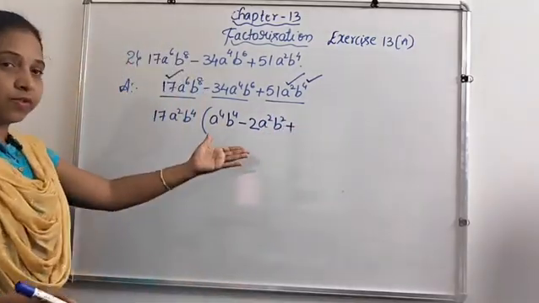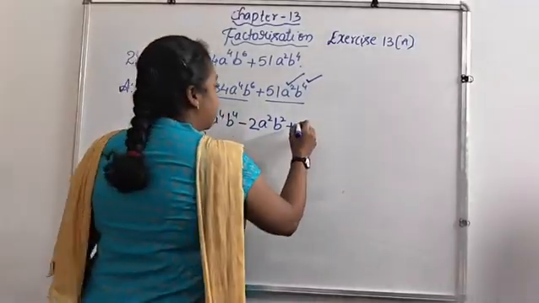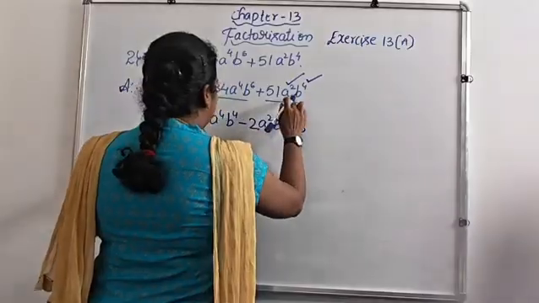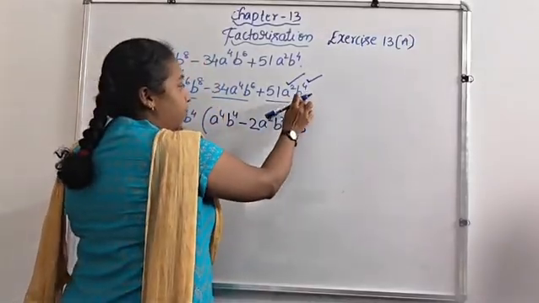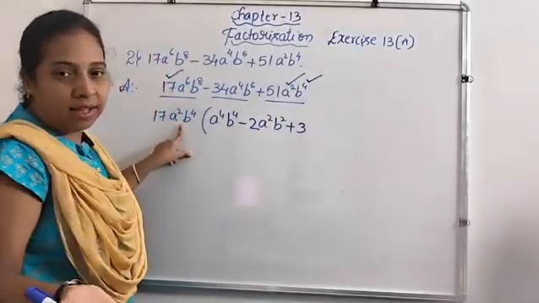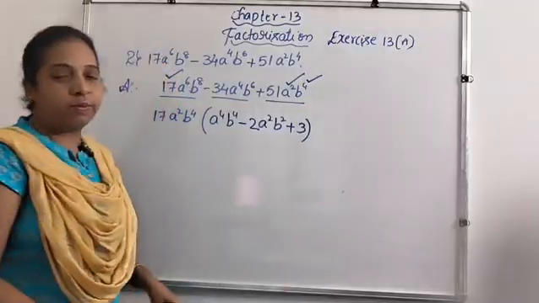Plus 51. 51 is nothing but 17 threes are 51. a square already taken common, b to the power of 4 already taken common, so remaining only 3. Then close the bracket.